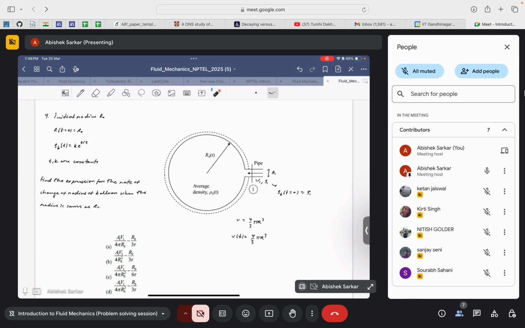So start with the mass conservation. Try to solve as much as possible, and let's see whether your approach was correct or not. Okay, so I'm not expecting the answer by say 754, but at least try some things. Try to start with the mass conservation equation, substitute the values as shown here, and then let's see when I show you the solution whether you are able to match with it or not.